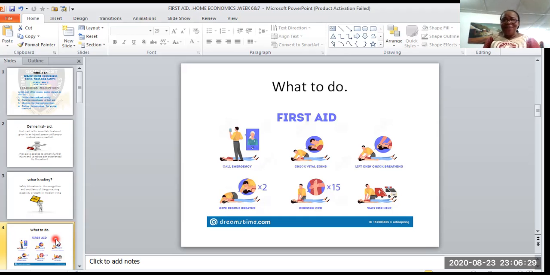Now, if it is a falling injury, as in the person has fallen from a height, do not lift the person up. Don't bother to lift the person. Let the person maintain that position.